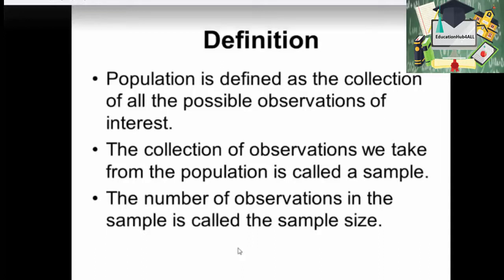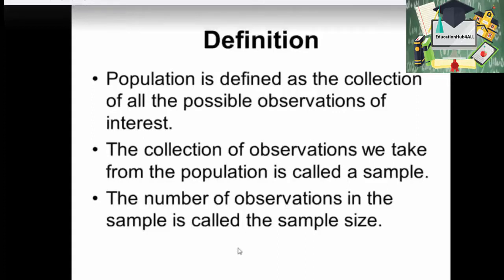So sometimes if the experiment is not very expensive, we can have more replication. But sometimes the experiment may be very expensive, so we cannot have a much larger sample set.